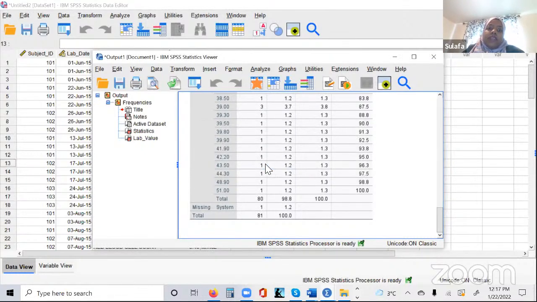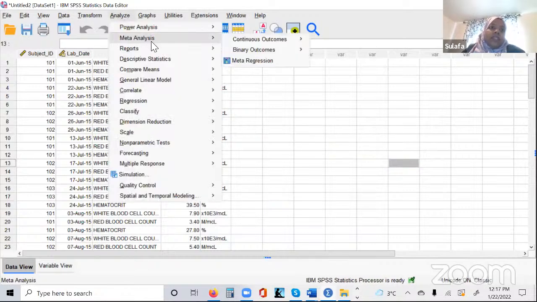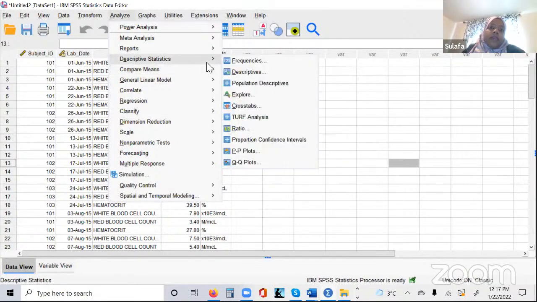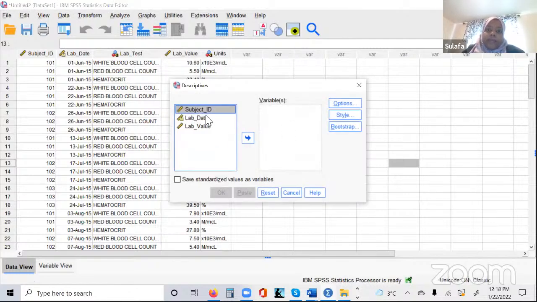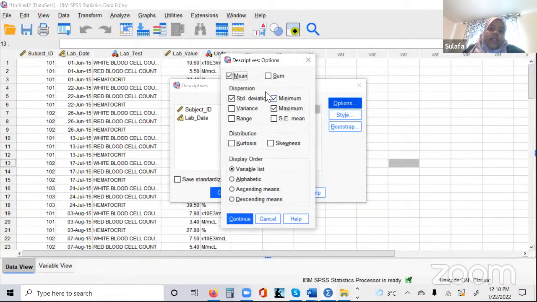So you will not save it. Also, we can do the Descriptive, and the same result can pop up. From the Descriptive, here we can press on Options, and you will see what options.